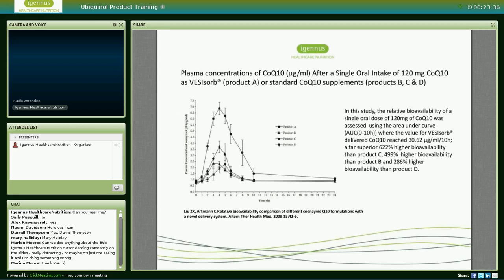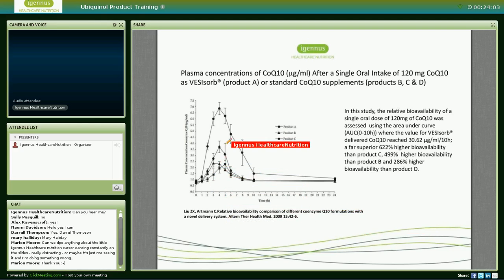And if we're looking at VESIsorb delivery, here is a summary of a study that was published in 2009. Now, this is a study that actually used VESIsorb to deliver ubiquinone, but the outcomes are pretty much the same.